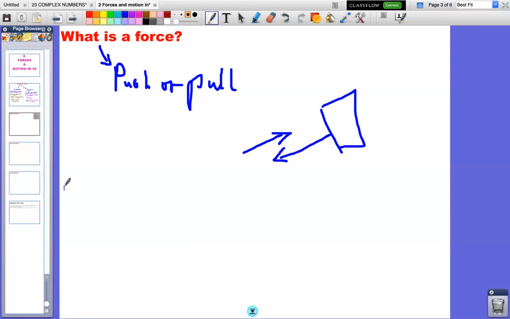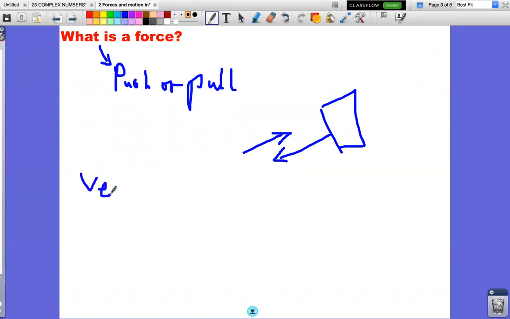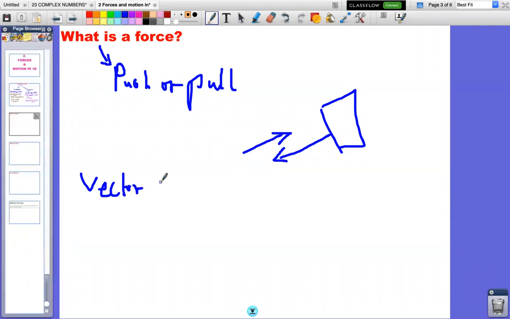And we have seen many different vectors, right? A force is also a vector quantity. This means it has magnitude and direction. You always have to have an arrow on a force, right? So if you push something or you pull, it will have direction. So we can use positive and negative for forces as well.